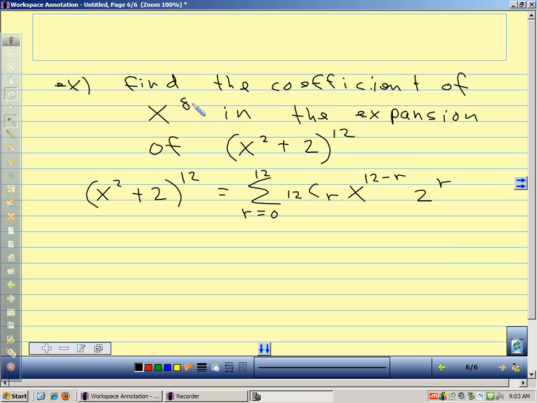This is just our binomial expansion. And we want x to the 8th. So x squared to the 12 minus r has to equal x to the 8th.